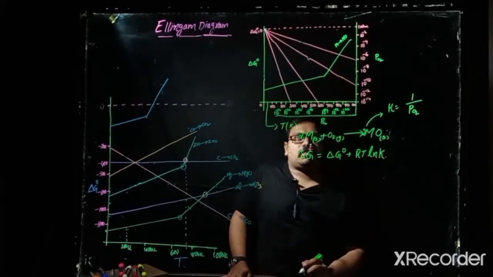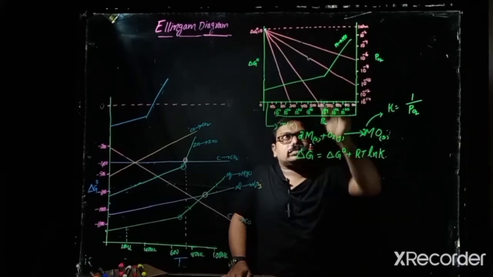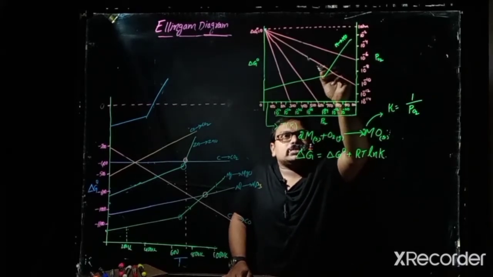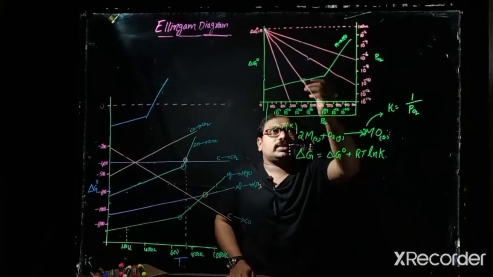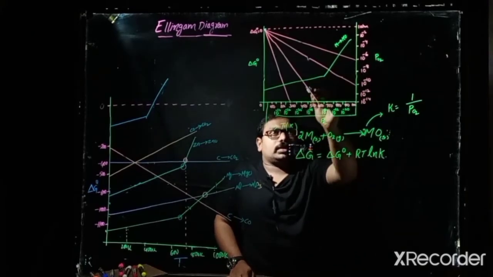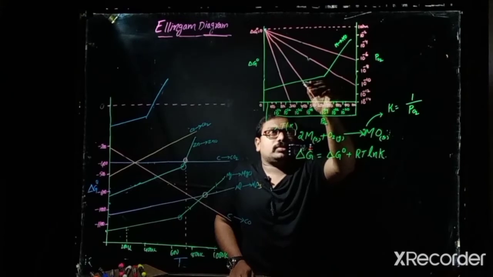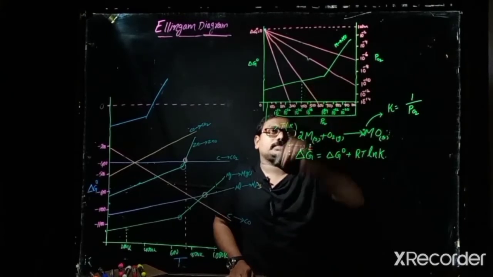What should I do? For example, it is better to take 400 Kelvin. For understanding purposes, I am taking 400 Kelvin here.